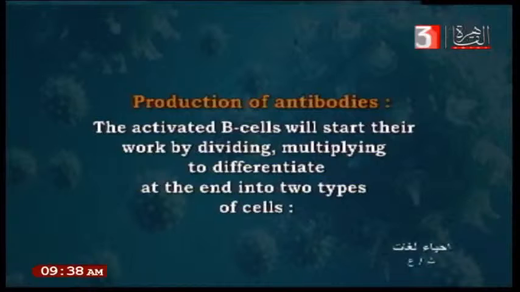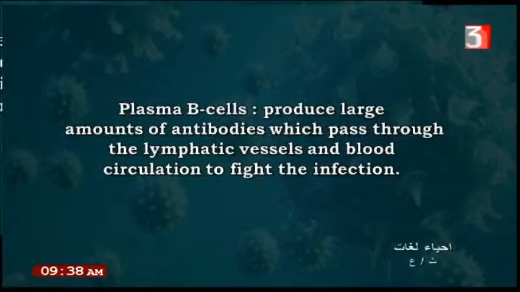These activated B cells start their work by dividing or multiplying to differentiate into two types of cells. This antibody comes from the activated B cell after the activated helper T cell combines with it. The plasma B cell produces a large amount of antibody which passes through the lymphatic vessels and the blood circulation to fight the infection.